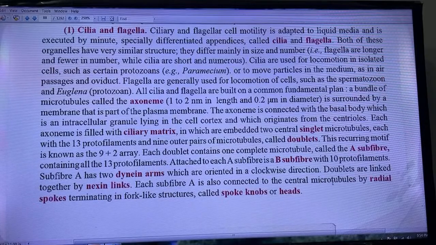This recurring motif is known as the 9 plus 2 array. Each doublet contains one complete microtubule called subfiber A containing all the 13 protofilaments. Attached to each A subfiber is a B subfiber with 10 protofilaments.